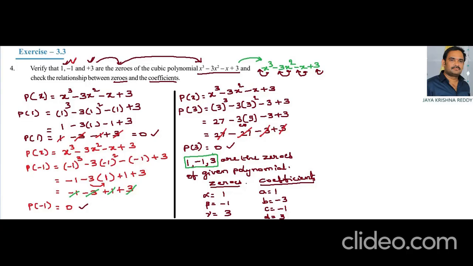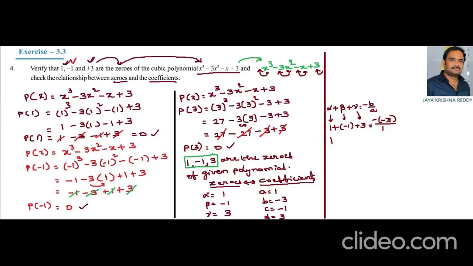Now we have to check the relationship between the zeros and coefficients. So what is the first formula? Alpha plus beta plus gamma equals minus b by a. Now substitute the values in this formula. Alpha value is 1 plus beta value is minus 1 plus gamma value is 3, equal to, on the right hand side, minus is there in the formula, and b value is minus 3 by a value 1.